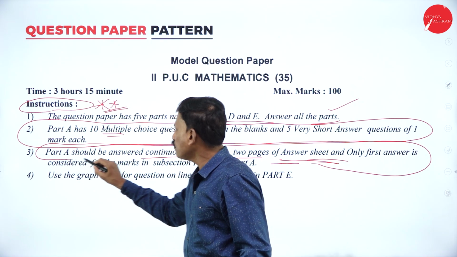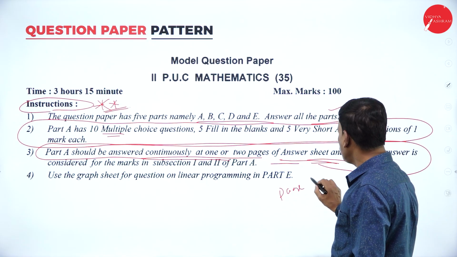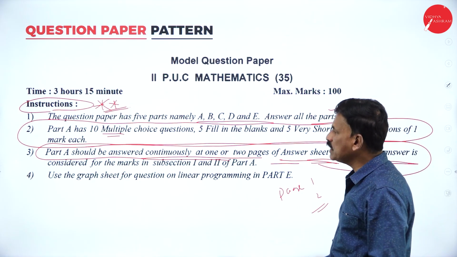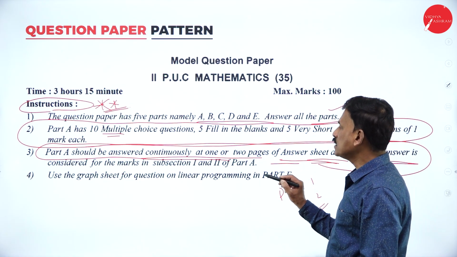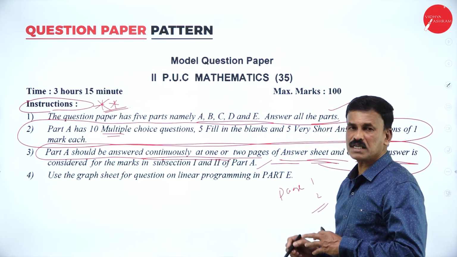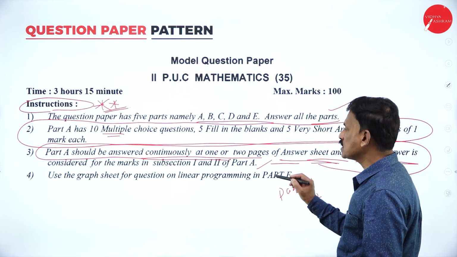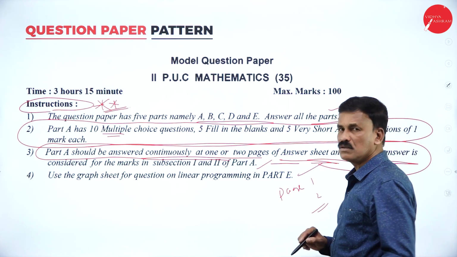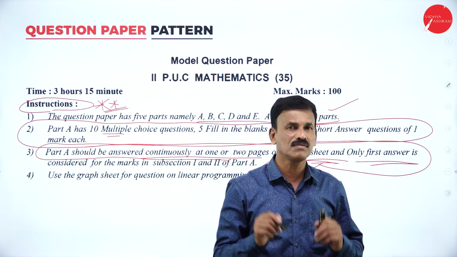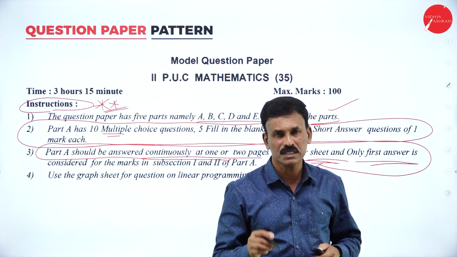So part A should be answered continuously, in the first 2 pages, page 1 and page 2 of the answer sheet only, and the first answers will be considered for the marks in subsections 1 and 2 of part A. Now use the graph sheets for the questions on linear programming for part A. So just answer the MCQ questions, fill in the blanks and 1 mark questions in the first 2 pages of your answer booklet, right?